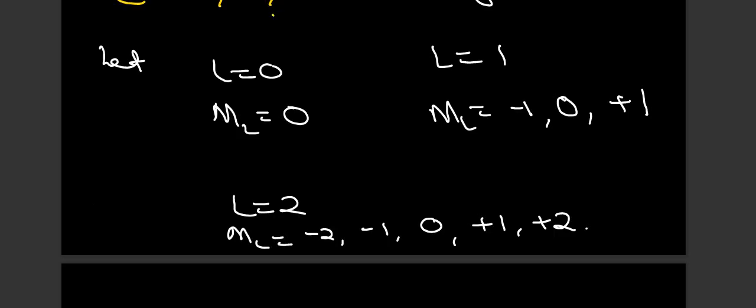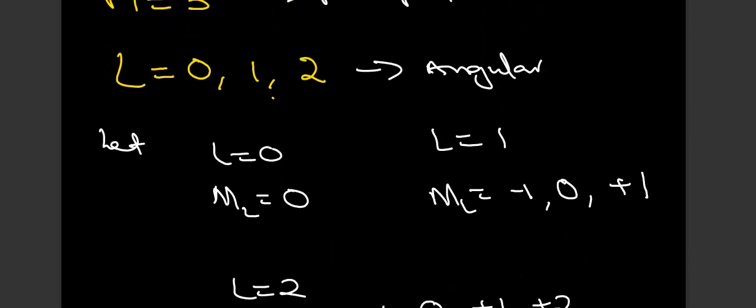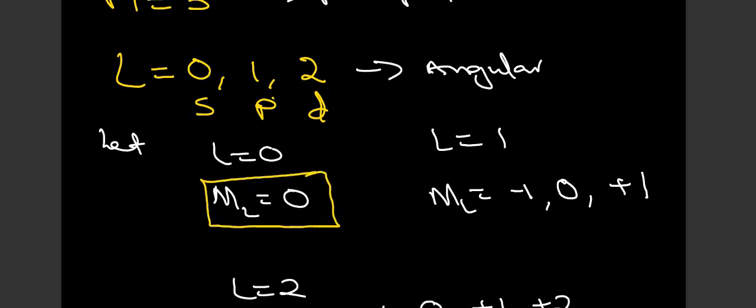We said these tell us about the number of orbitals. When L is 0, it's an s orbital. When L is 1, these are p orbitals. When L is 2, these are d orbitals. When L is 3, those are f orbitals, and so on. So the magnetic quantum numbers tell us the number of each orbital that you have.